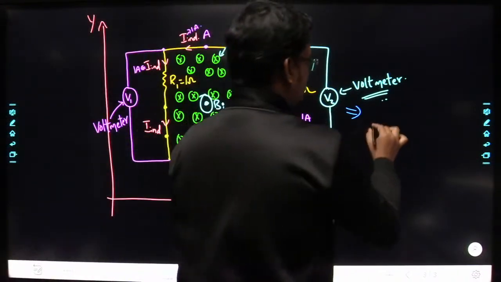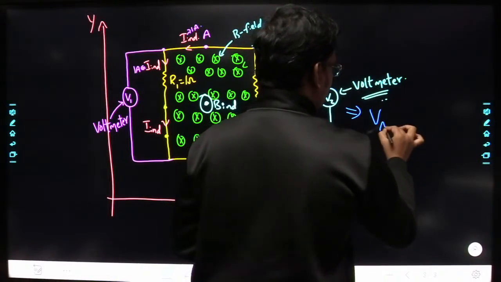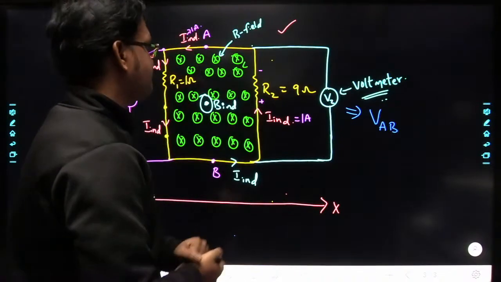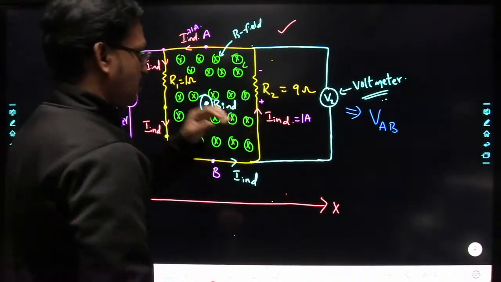So V2 is nothing but the potential difference between A and B, right? Now see here.